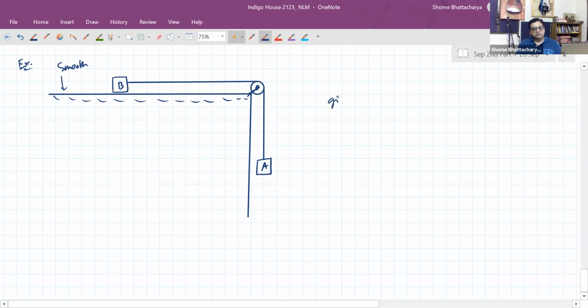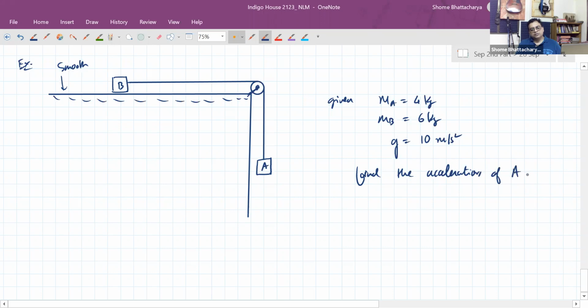So here it is given that the mass of block A is equal to 4 kilograms. The mass of block B is equal to 6 kilograms. And acceleration due to gravity we have to take as 10 meters per second square. So again, find the acceleration of block A and B and the tension in the thread.